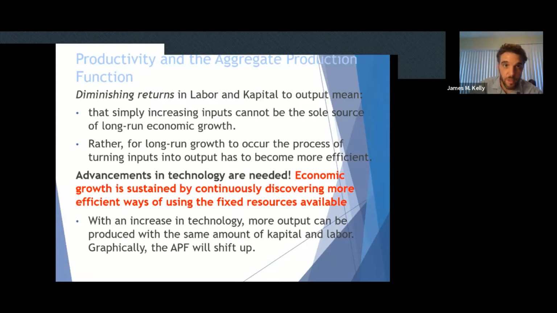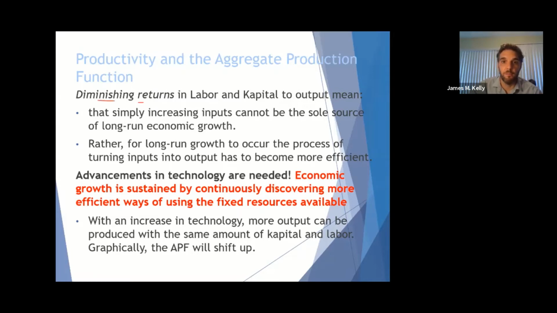So because of the diminishing returns in capital and labor, increases to these inputs aren't the sole source of long-run economic growth. Somehow we have to become more efficient. We have to increase productivity. Increase in efficiency means productivity increases.